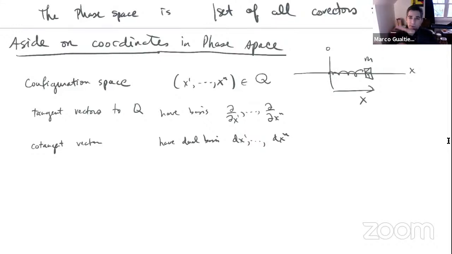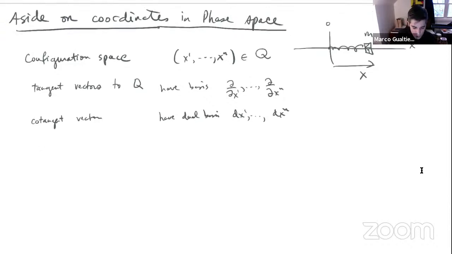That tangent space is a vector space, and the basis for that vector space is exactly this d by dx1 up to d by dxn, and that space has a dual space, which is the cotangent space, and you'll have a dual basis. Right.